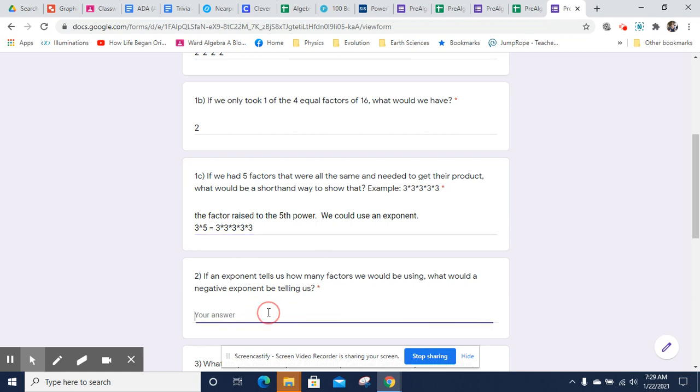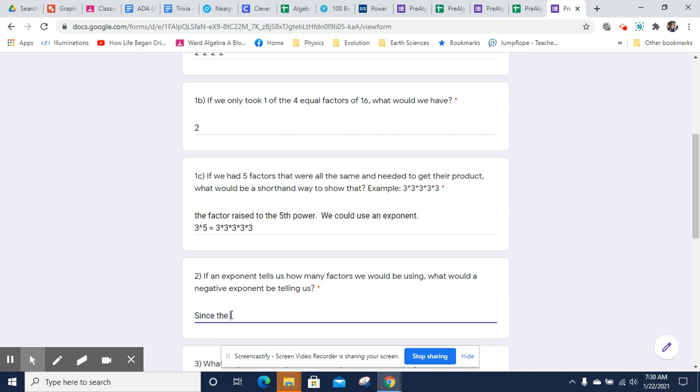So if an exponent tells us how many factors we would be using, what would a negative exponent be telling us? Well, negatives are opposites. So what's the opposite of a factor? Factors are one of the components of multiplication. It's the thing that operates on each other. So we want to think about the opposite of multiplication, which is division.